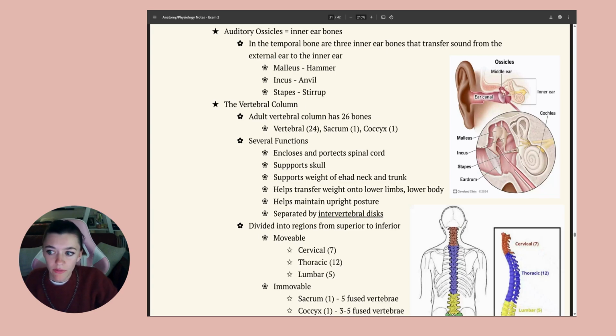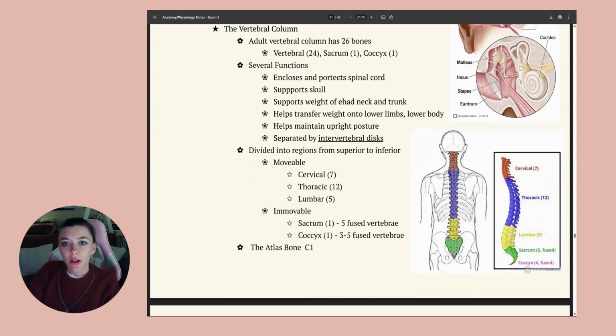If you ride a horse, it's the U-shaped thing that you put your feet into. You really just need to remember that your hammer is the closest to the outside, and then your stirrup touches your cochlea, the deepest one, and the anvil just connects them. So just remember malleus, incus, stapes.